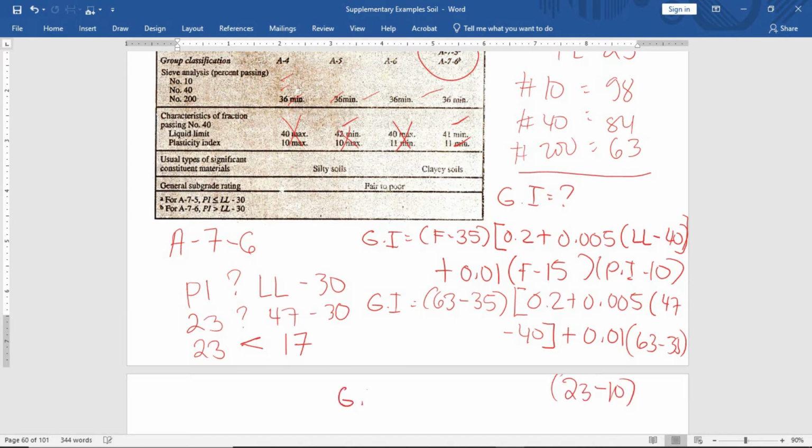So, GI natin is 0.2 times 63 minus 35, plus 0.005 times 47 minus 40, plus 0.01 times 63 minus 15, times 23 minus 10.